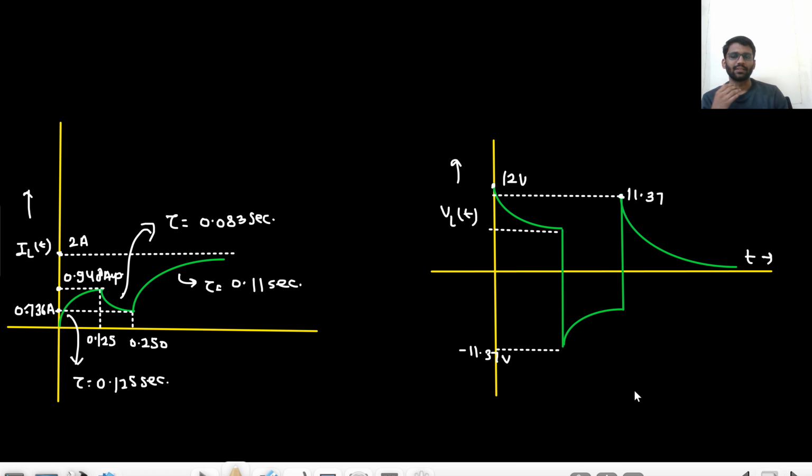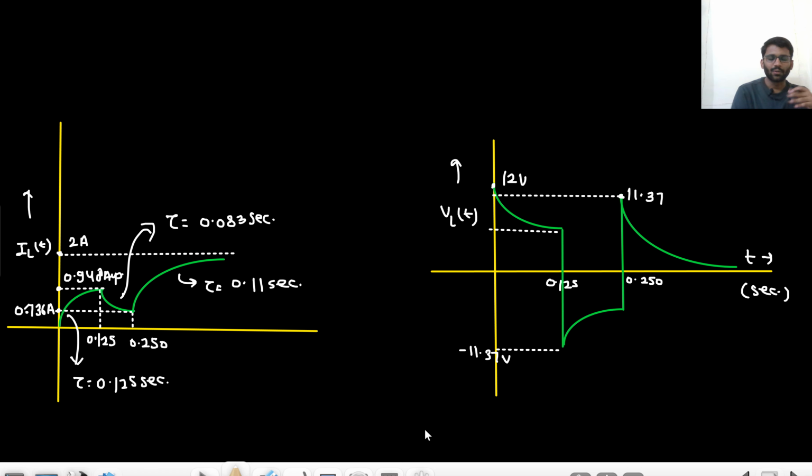So this is what is happening in the circuit. And this time period was 0.125, this was 0.250, right, in the second. The time constant has been the same, 0.125 second, 0.083 and 0.11 second.